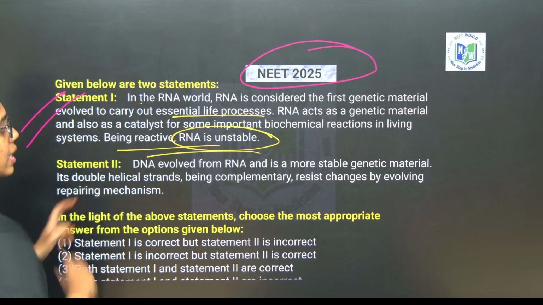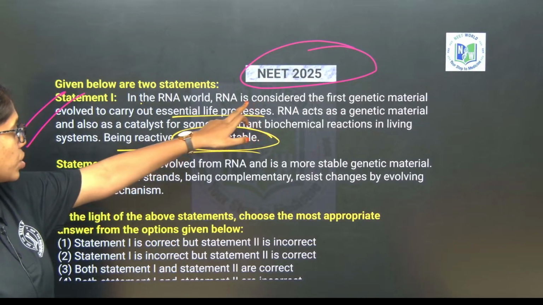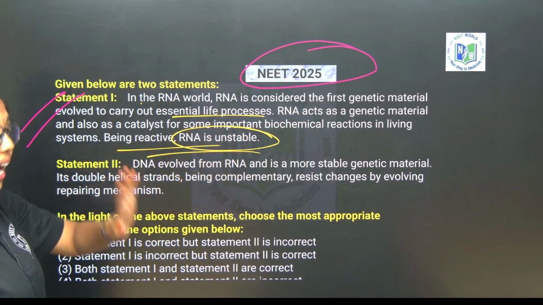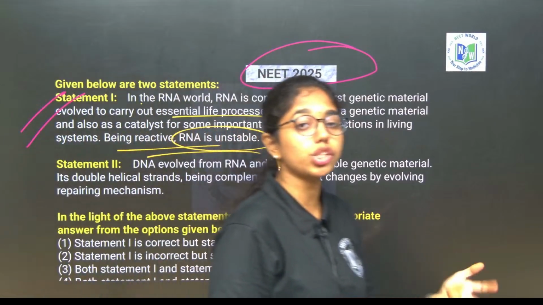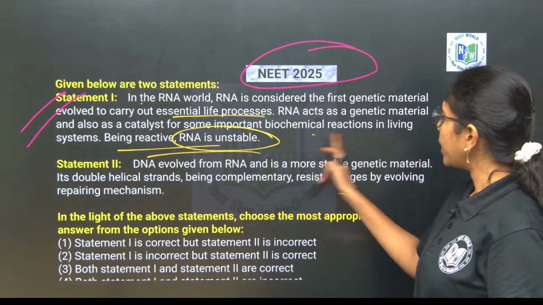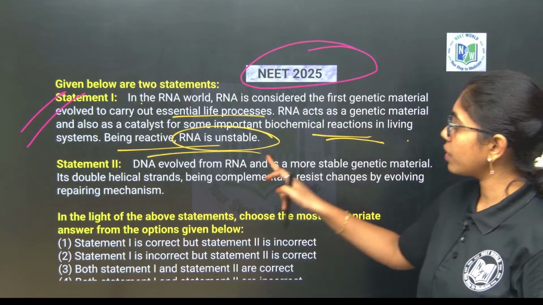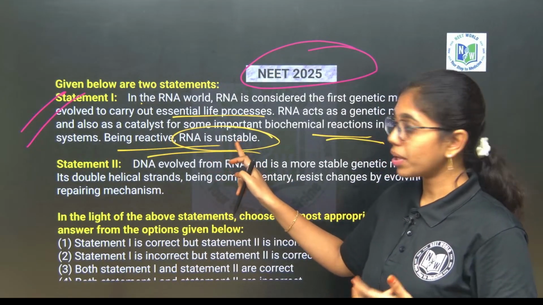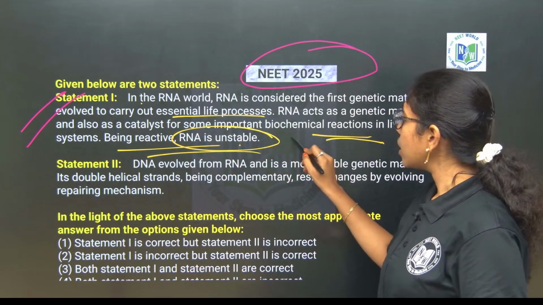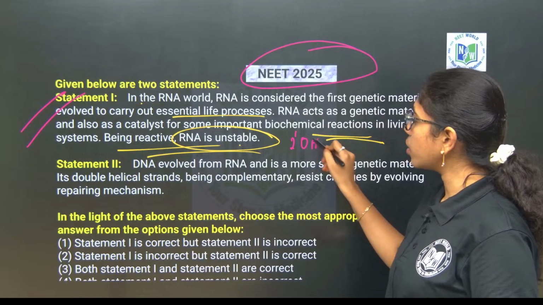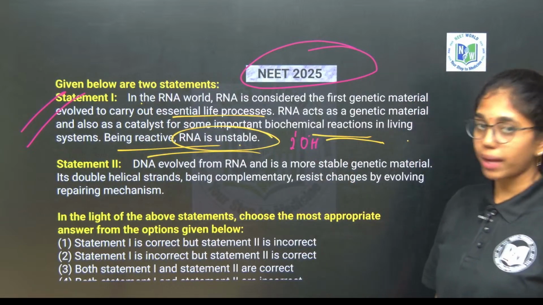True? Yes, in RNA world, RNA is considered the first genetic material. RNA acts as genetic material, as a catalyst, and as a structural component in ribosome, and it is important for biochemical reactions in living systems. It is reactive and unstable because it has an OH group, a free oxygen group at the 2' position in the ribose sugar.